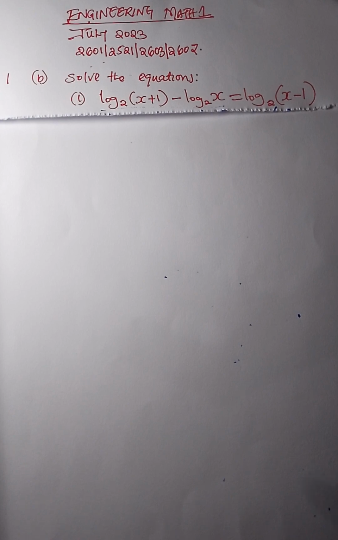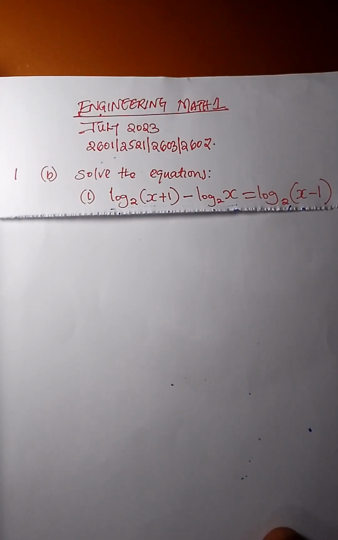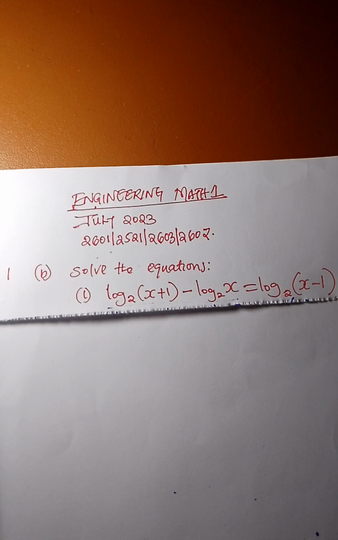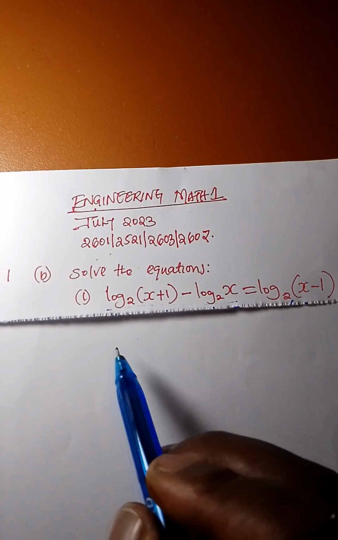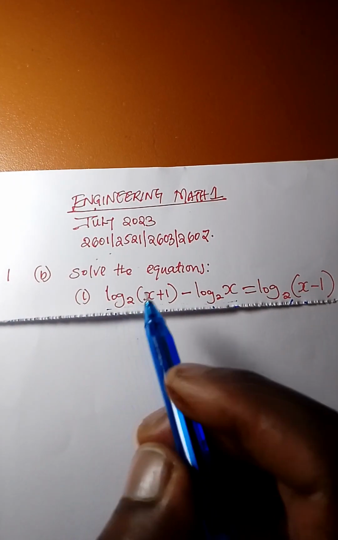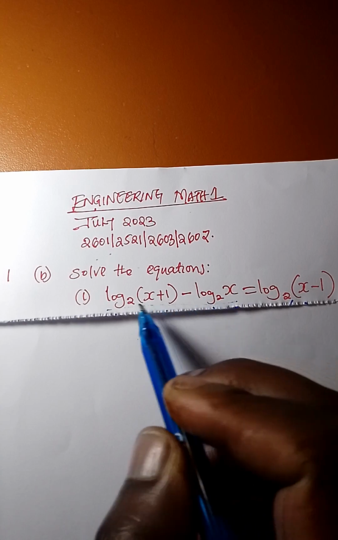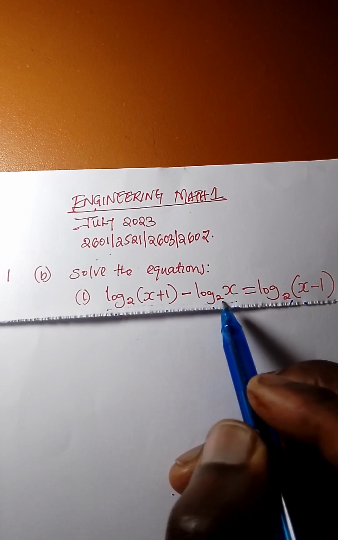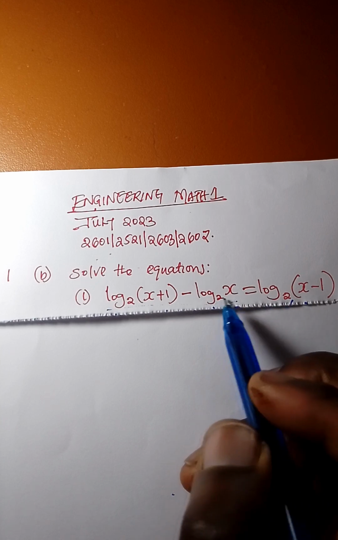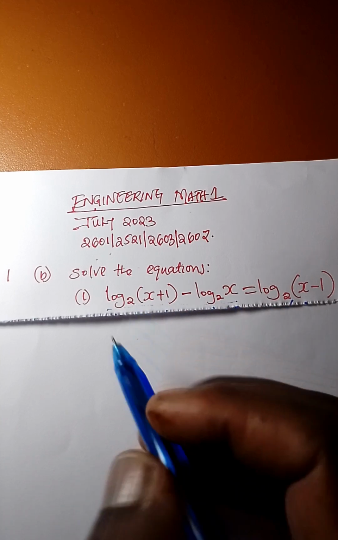So from here we are going to apply what we normally apply, that's laws of logarithms. Here we have a subtraction of logarithms of similar bases, so we can see that all these logarithms have got a similar base.